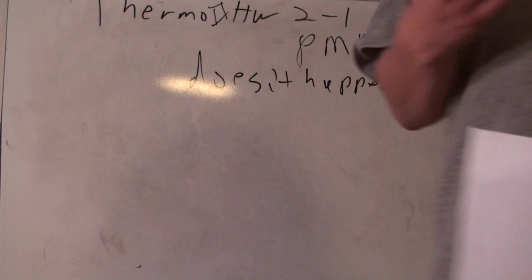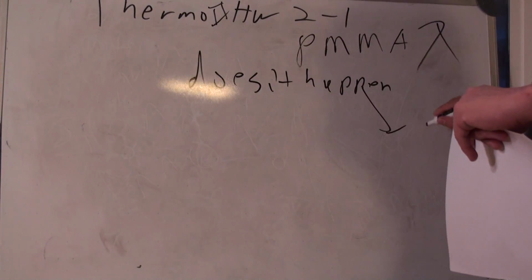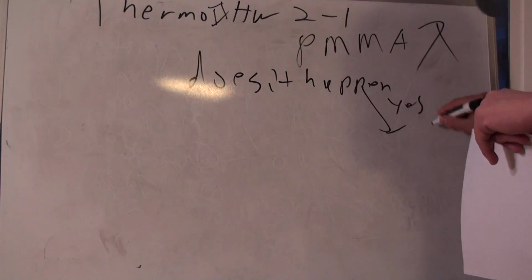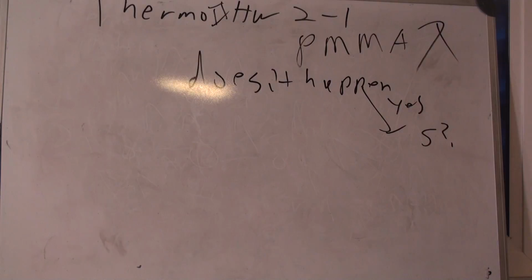Well, I already told you it happened, so yes, it does happen. And then I ask myself, okay, what about the entropy? Well, we're not talking about the actual polymerization. We're just talking about why the polymer doesn't stay in the liquid phase. Why does it phase separate, why does it float to the top, as it were?